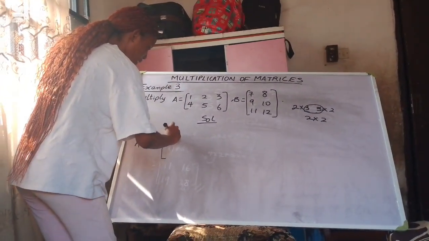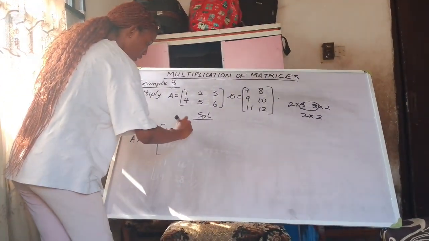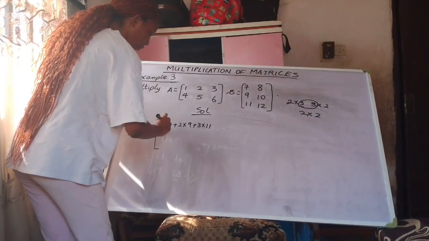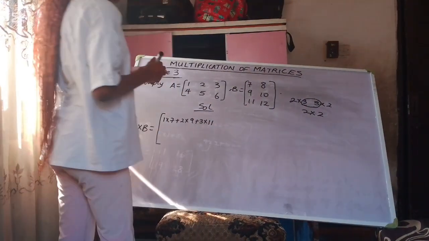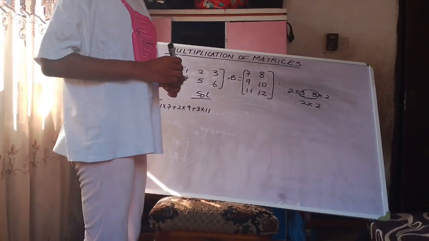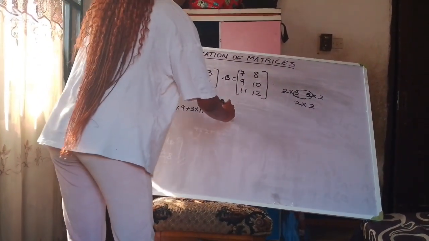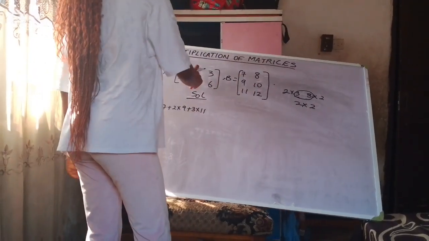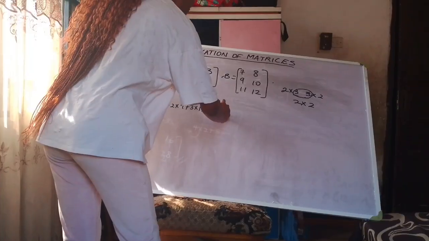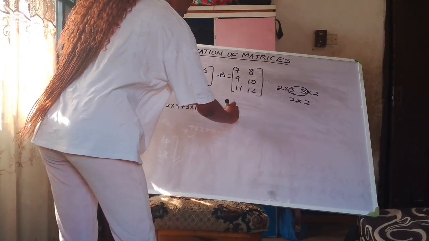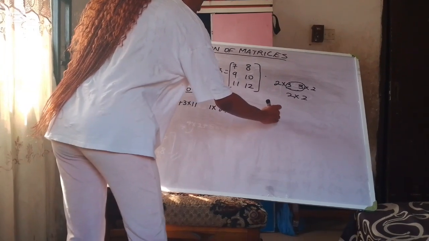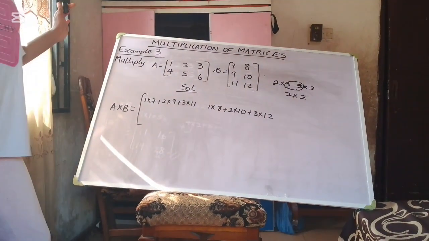Then you use the same first row to multiply the second column. So here you will be doing 1 times 8 plus 2 times 10 plus 3 times 12. We are done with our first row.